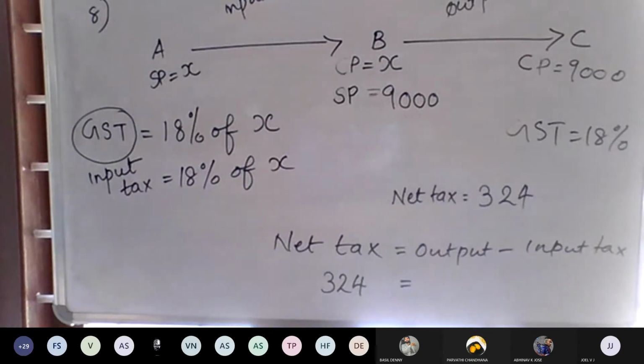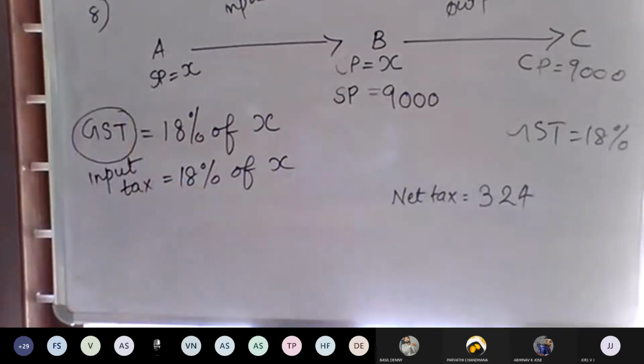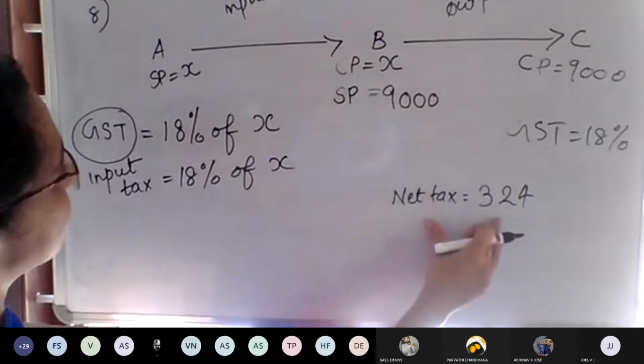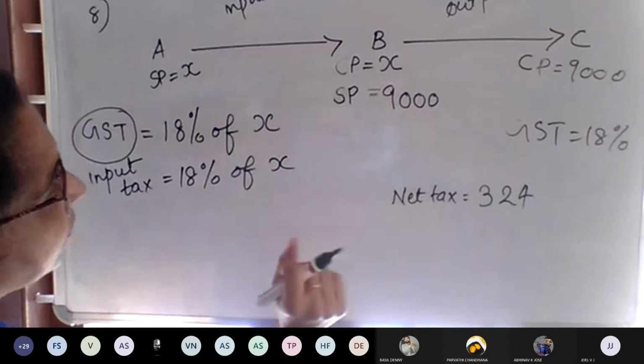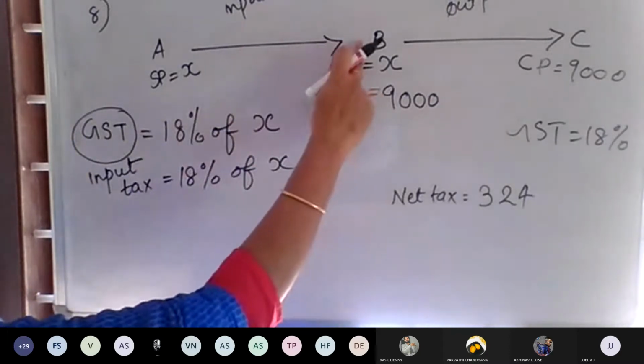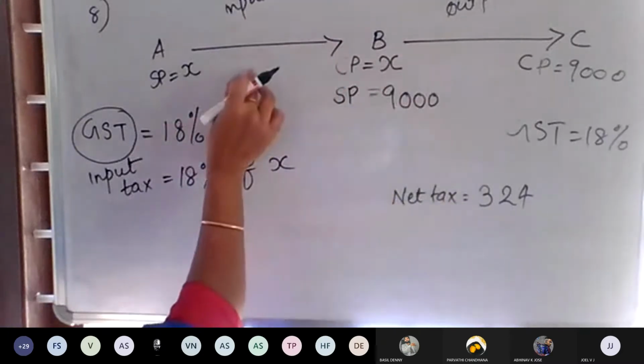Got it? So write down: net tax is given as 324. Net tax of B is given as 324, which means output tax minus input tax.